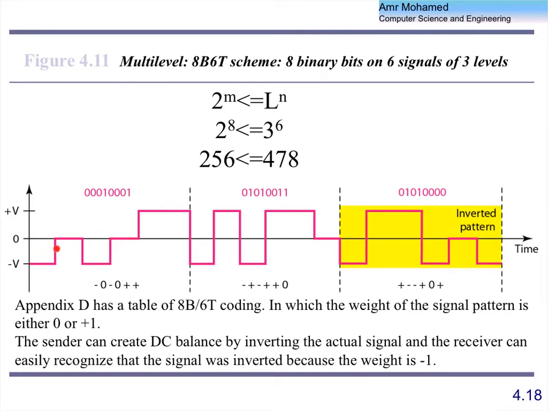So for example, here we will try to use the signal element combinations that have a number of negative values equal to the number of positive values, because we have many combinations of signal elements in that case, because the 256 here is much less than the number of signal element combinations that we have.